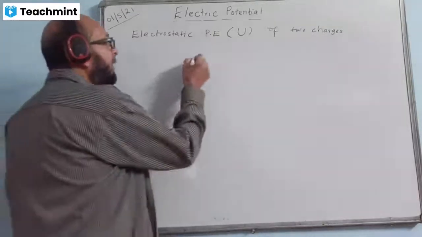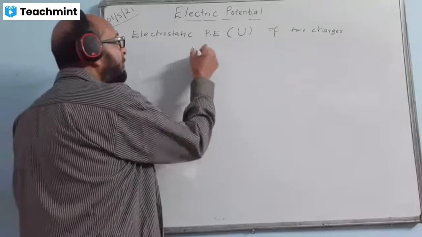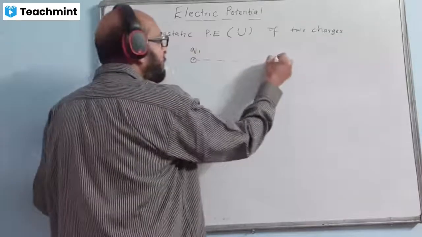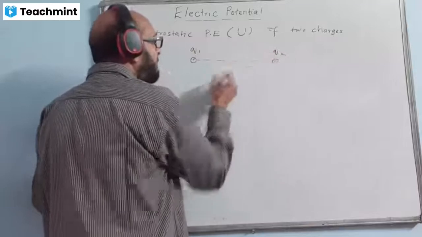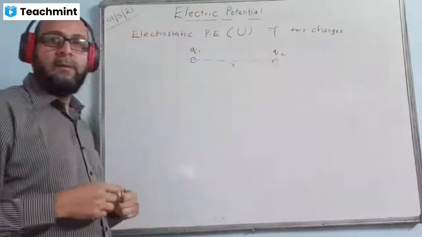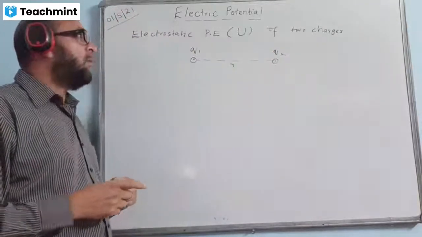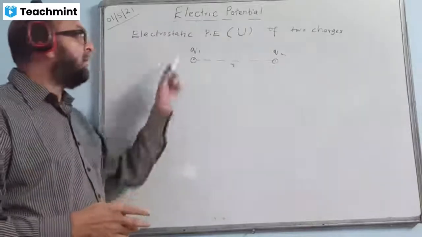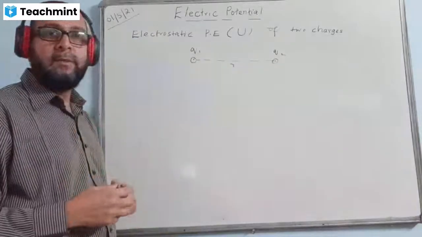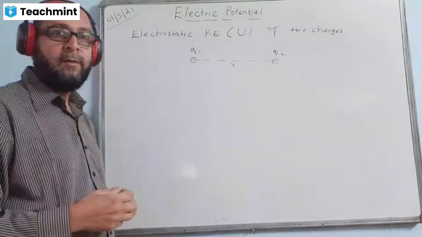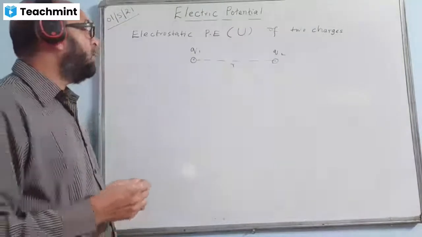So for this we can draw a diagram here. Let us suppose one is Q1, another one is Q2. Distance between them is R. So whatever is the value of work done to keep the two charges in equilibrium, that is the value of its potential energy.